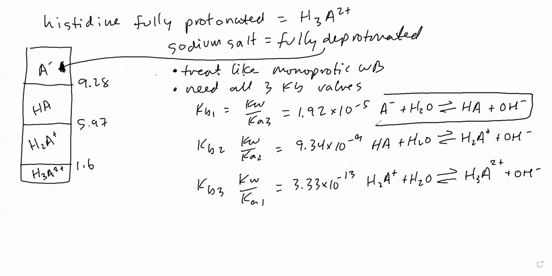If we're going to treat the A minus as if it were monoprotic, then the first assumption is that Kb1 is going to be x squared over the formal concentration minus x for the A minus. I'm going to go to the next page here to give ourselves a little bit of space.